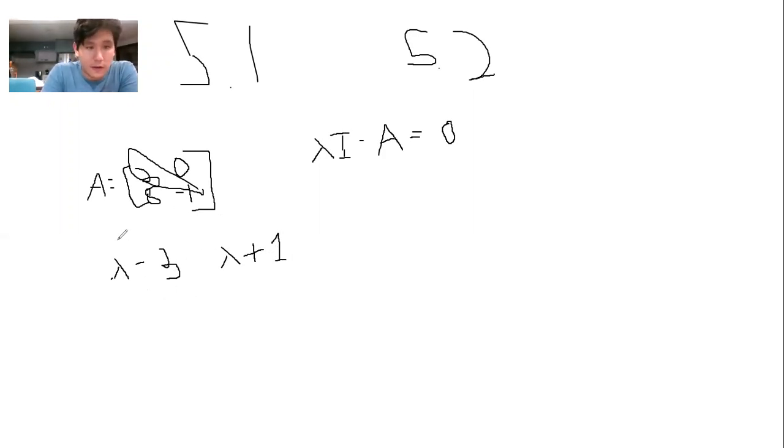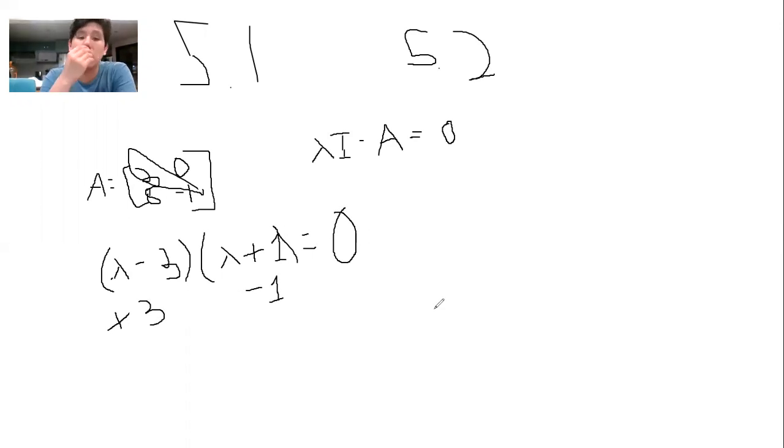So we can say that these are our eigenvalues. First we have to find them. In this case, it's just like solving for an x. So we put lambda minus 3 equals 0 and lambda plus 1 equals 0.